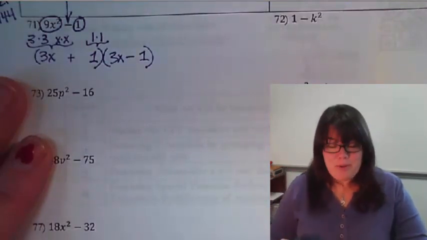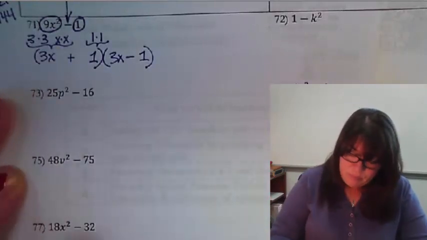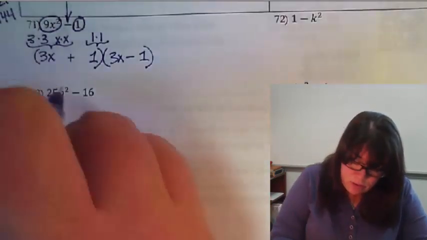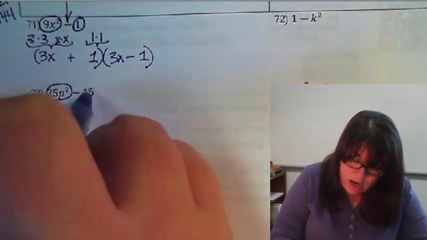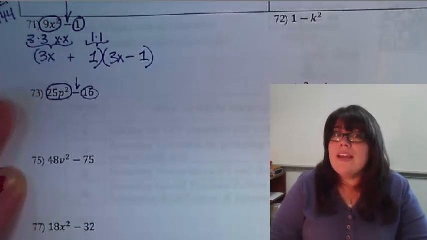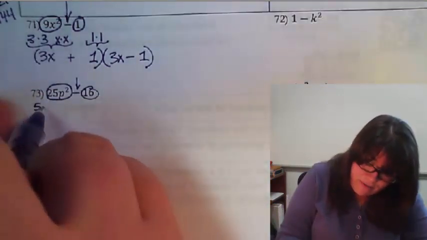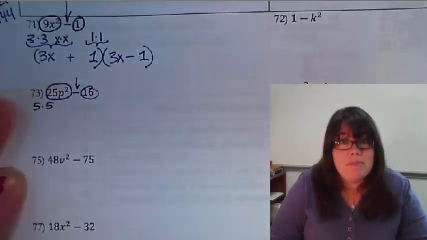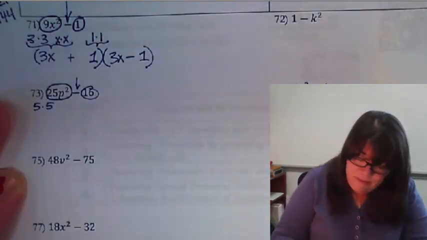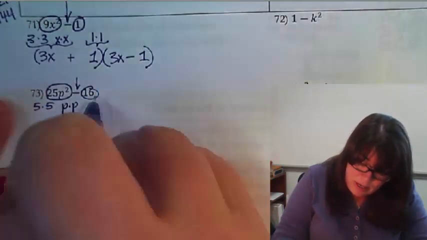Let's take a look at another one. This time, let's do number 73. All right. Do I have two terms? Yes. Are they being subtracted? Yes. Are they perfect squares? Yes. 25, the root of 25 is 5 because I can do 5 times 5. That equals 25. P squared can be broken down into P times P. 16 can be broken down into 4 times 4.